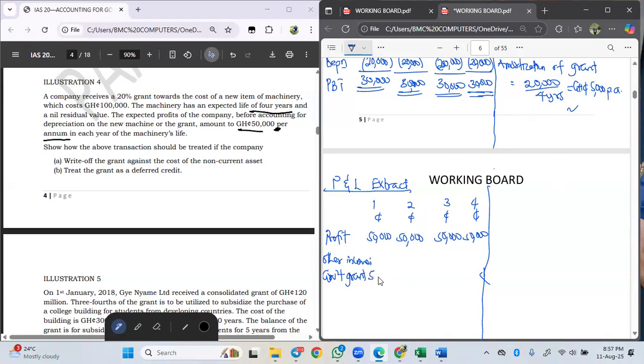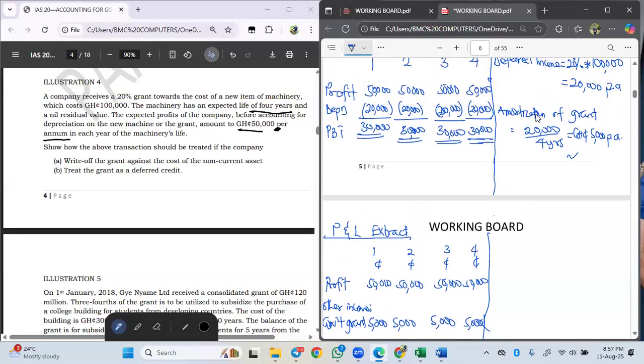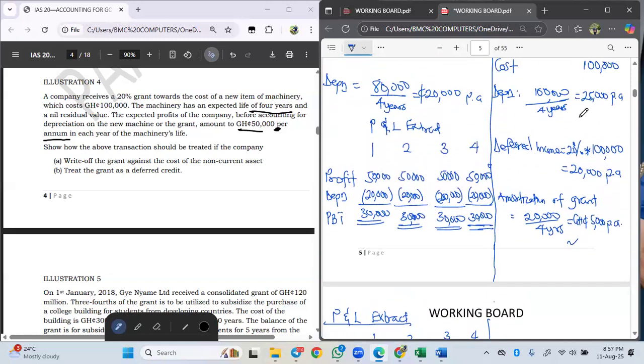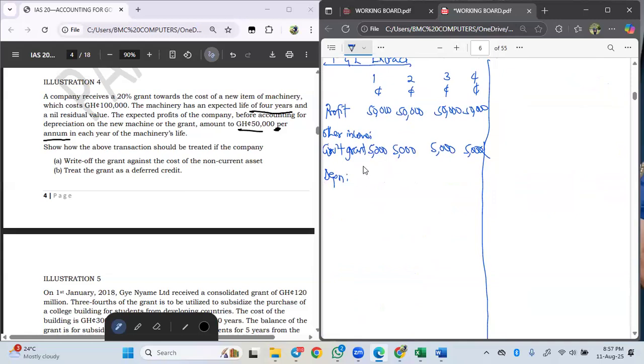So in year one, you transfer 5,000. Year two, you transfer 5,000 to the P&L. In year three, 5,000. In year four, 5,000. Then done. Then you bring in your depreciation, 25,000 per annum. This one is negative: 25,000, 25,000, 25,000, 25,000.